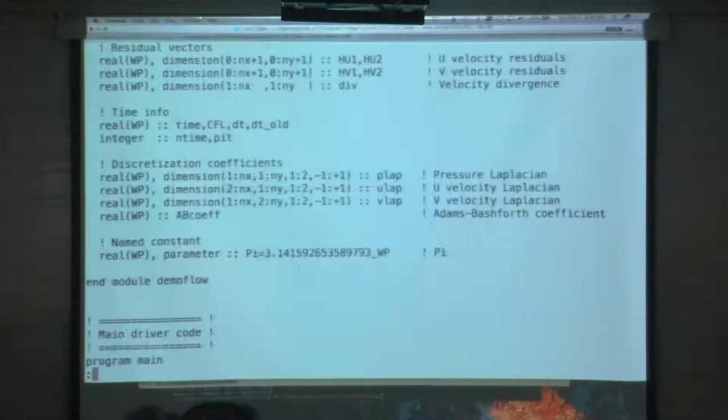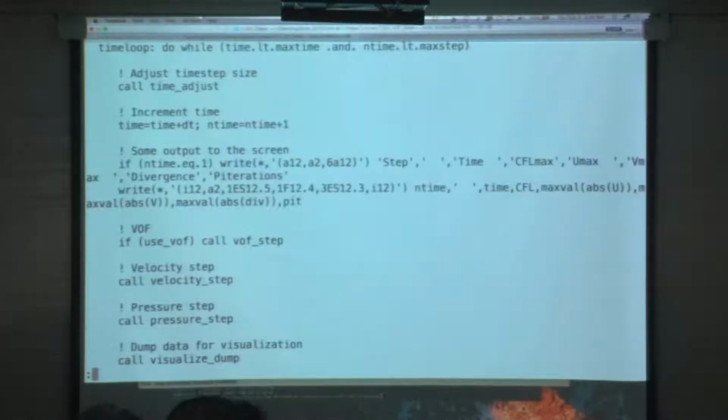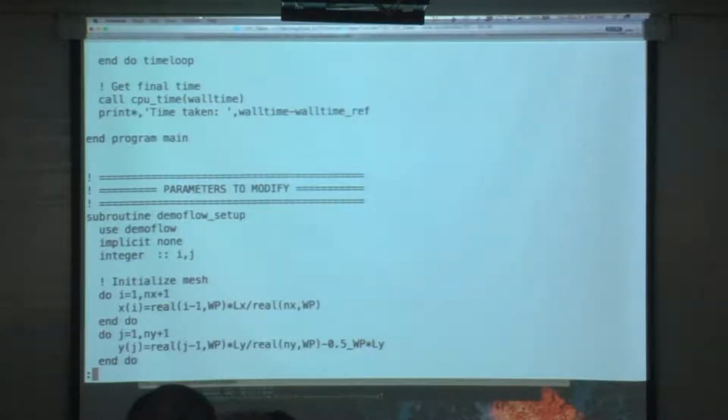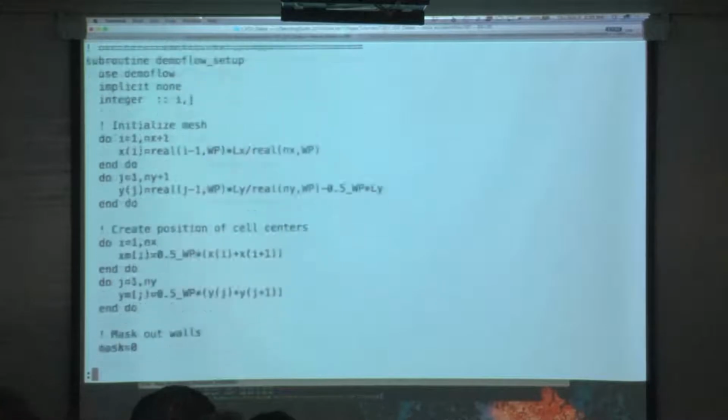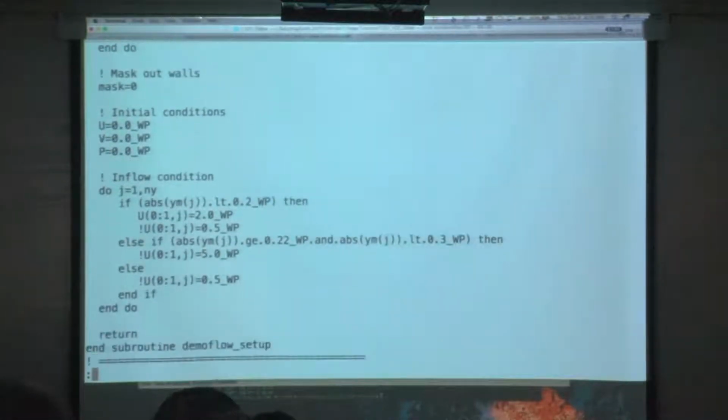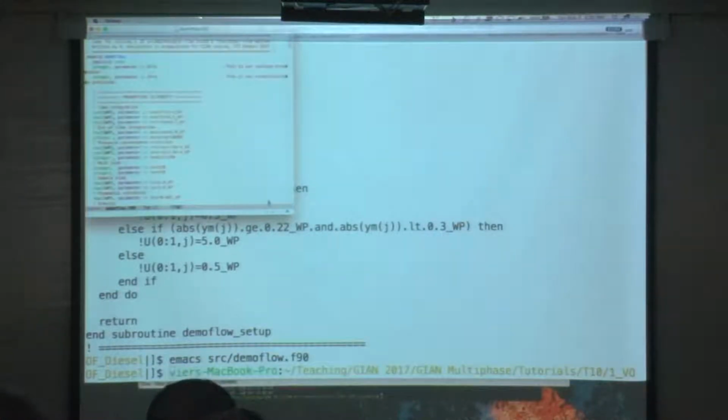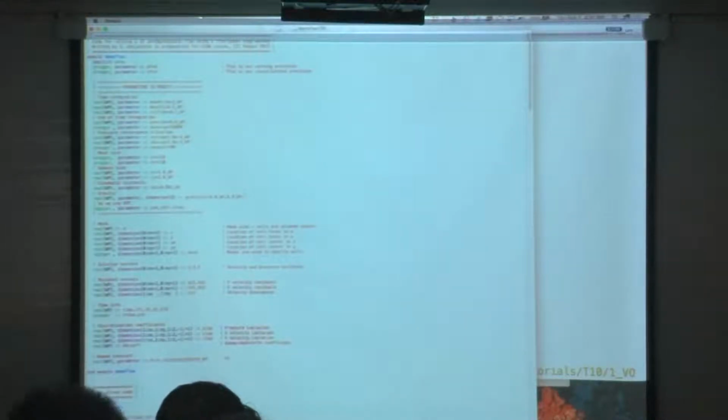initialization. So the setup here is, oh, I guess I just have a straight liquid jet. Well, let's not do that. So let me go to demo flow F90 and change the velocity to match what we were looking at last time.